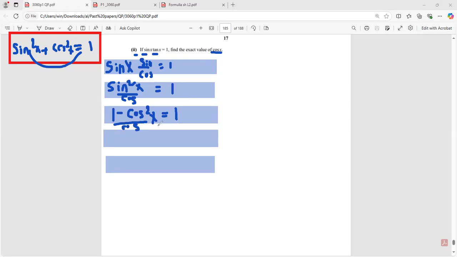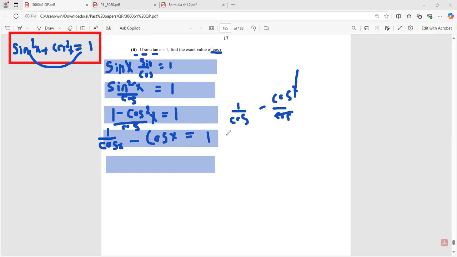Then next. Here, we're going to split the denominator. So we have 1 over cosine and minus cosine squared over cosine, which for sure equals, we're going to cancel the squared with the denominator, so minus just cosine. So now it's a clear equation, 1 over cosine minus cosine x equals 1.